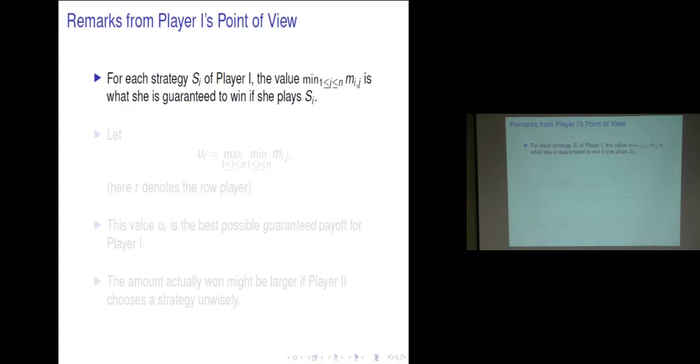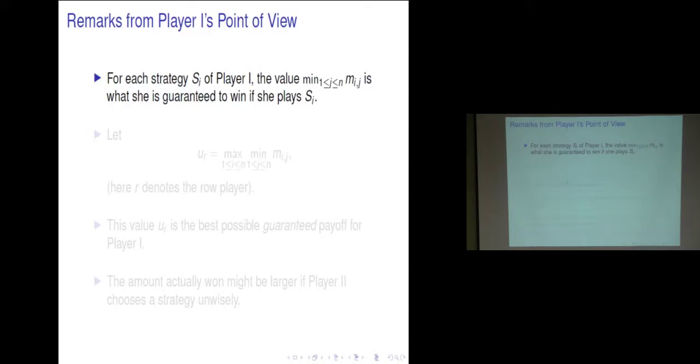For each strategy S_i of player one, I want to explain why a certain number is important. I look at the minimum of the numbers in this row, with j moving from 1 to n.